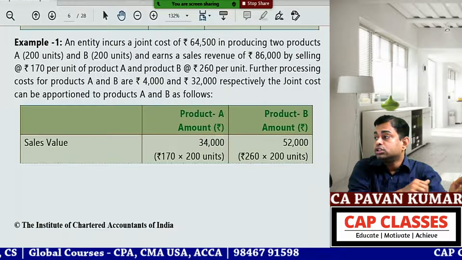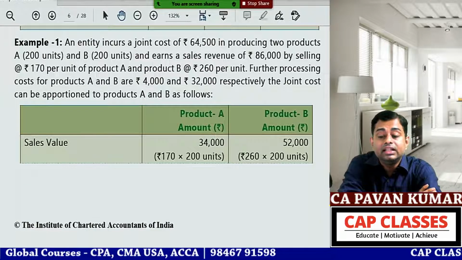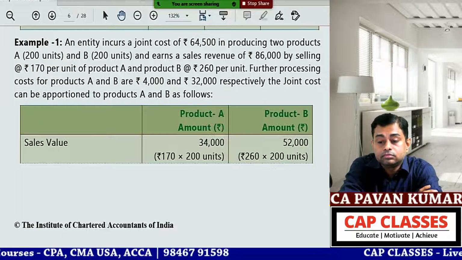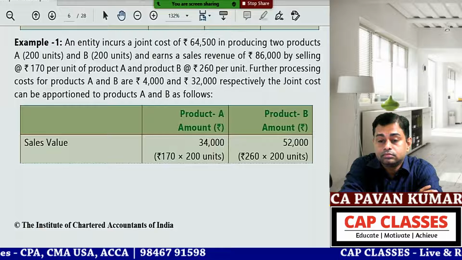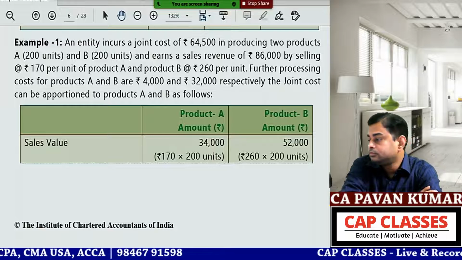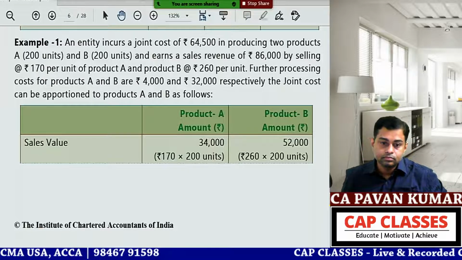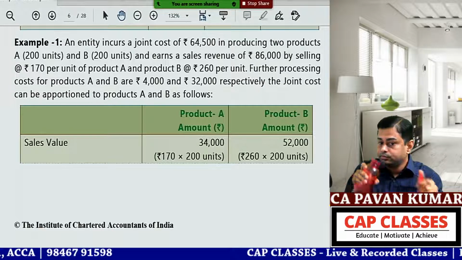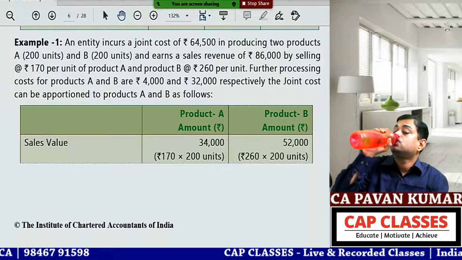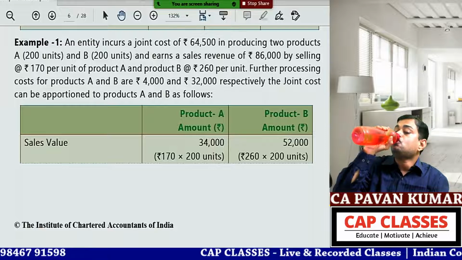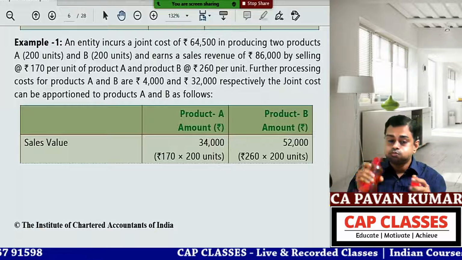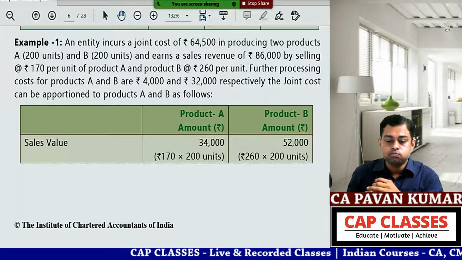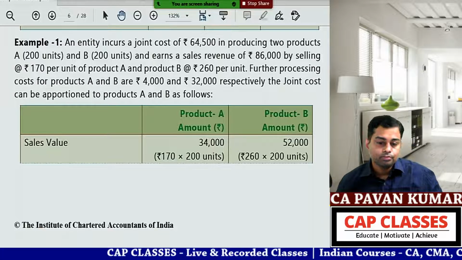So Ramya, can you switch on your mic and read this example 1? Yes, sir. An entity incurs a joint cost of 64,500 in producing two products, A 200 units and B 200 units, and earns a sales revenue of rupees 86,000 by selling at the rate of rupees 170 per unit of product A and product B at rupees 260 per unit.